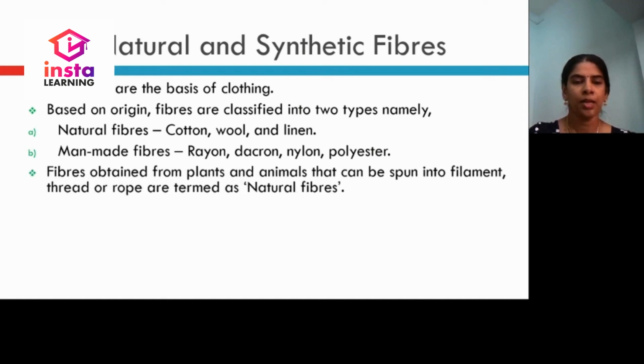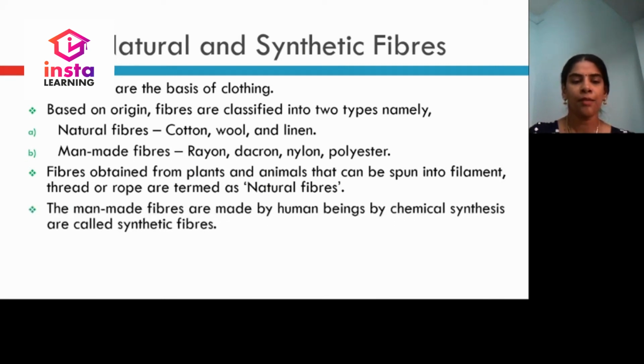Fibers obtained from plants and animals that can be spun into filament, thread or rope are termed as natural fibers. The man-made fibers are made by human beings through chemical synthesis. These are called synthetic fibers.